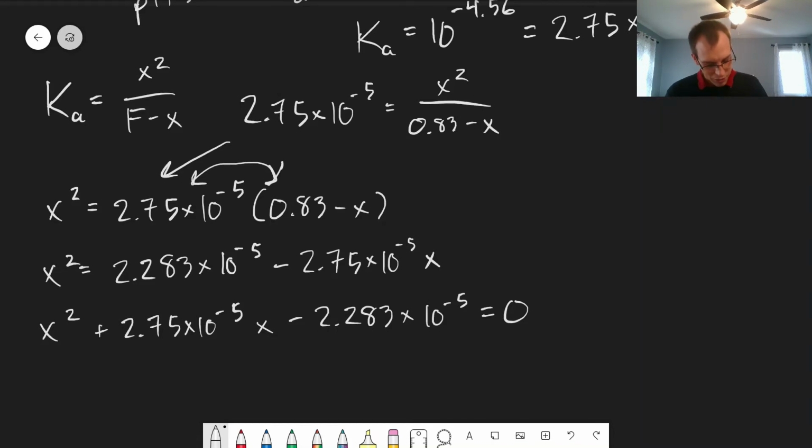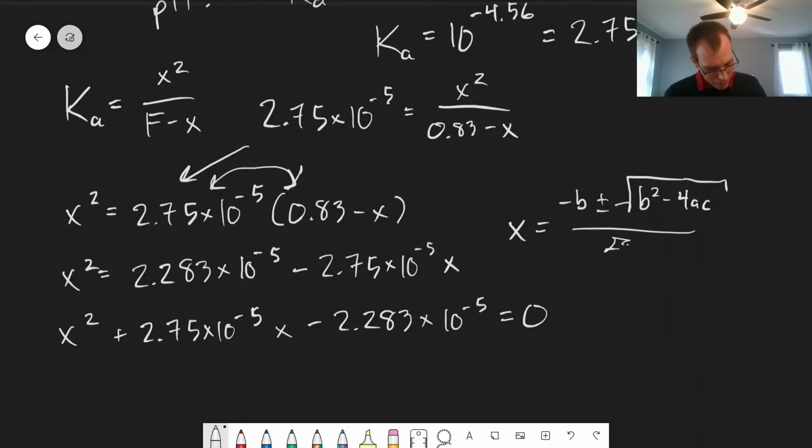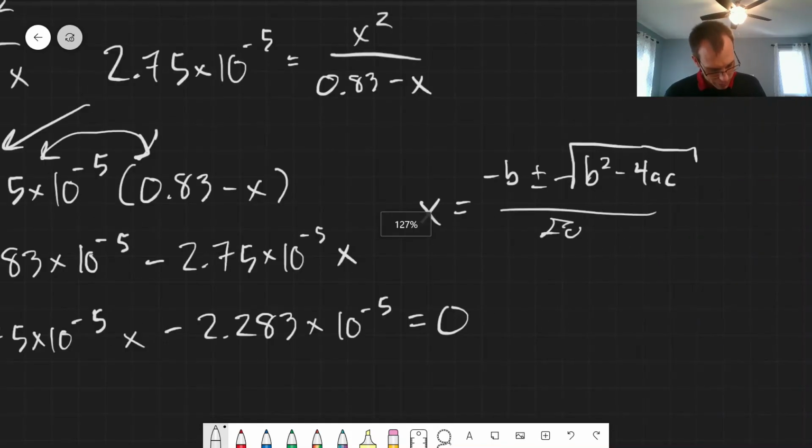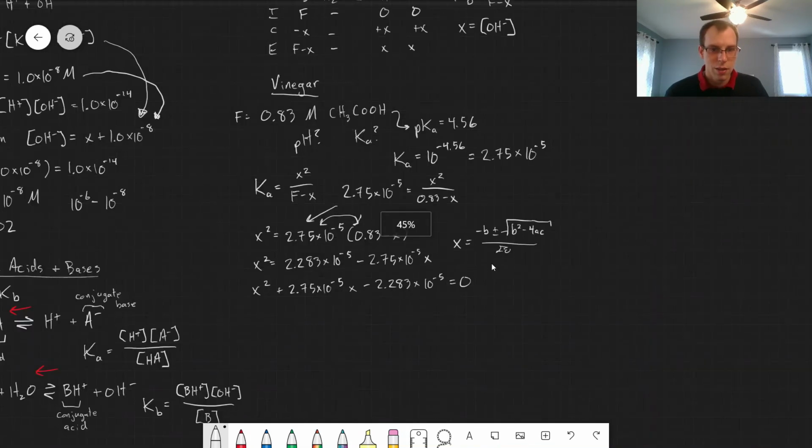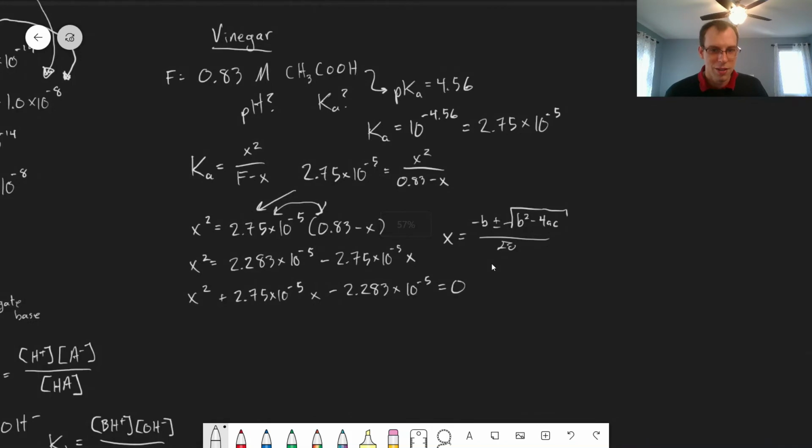So in case you don't remember, this is x is equal to negative b plus or minus the square root of b squared minus 4ac, divided by 2a. You may not have thought about this for a while. Oh, that moved on me. All right, too much zoom.